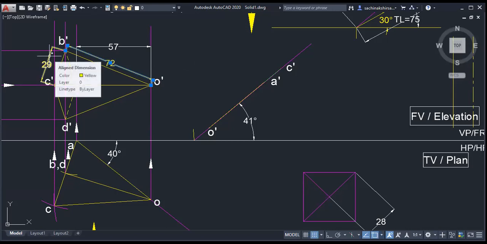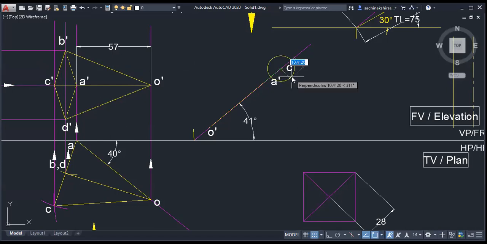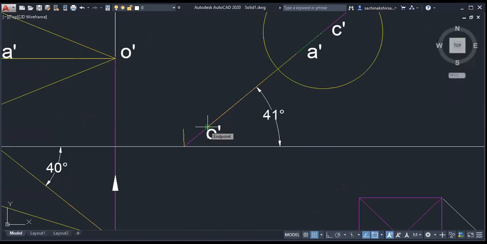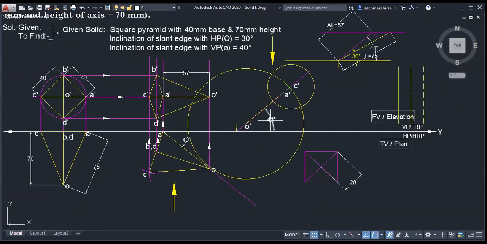In my case, whatever it is in yours, take the distance into the compass and mark the arc. From here I will draw 29, and from here I will take 72. So it will intersect somewhere.